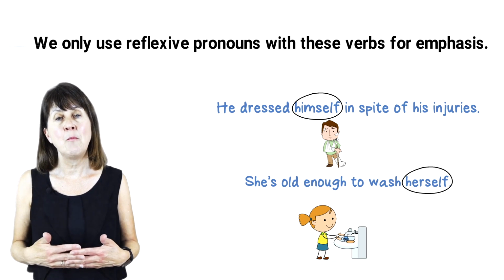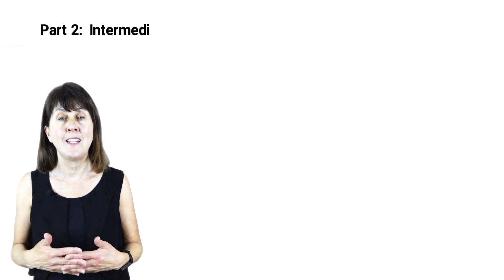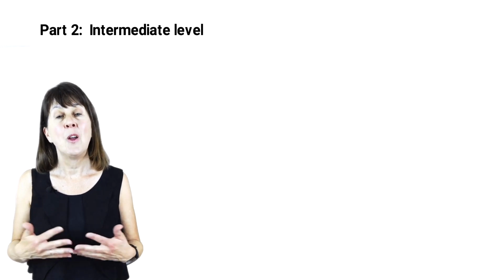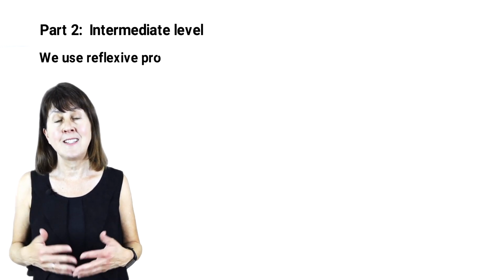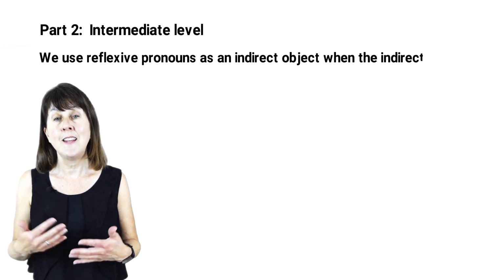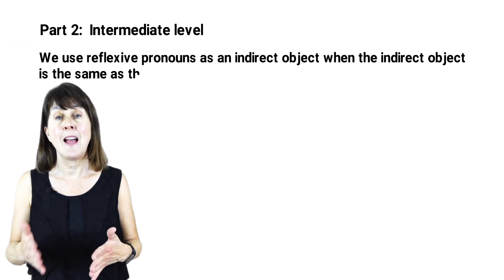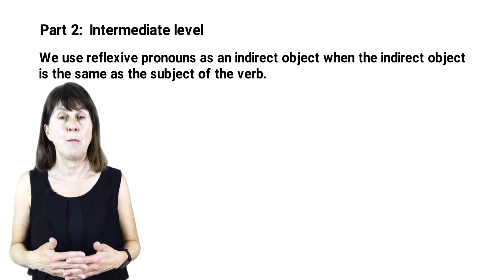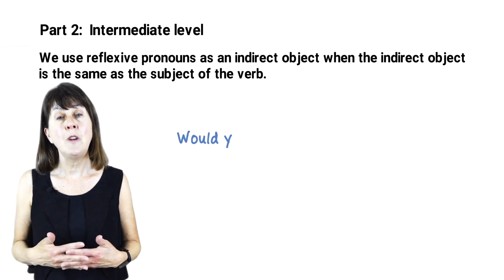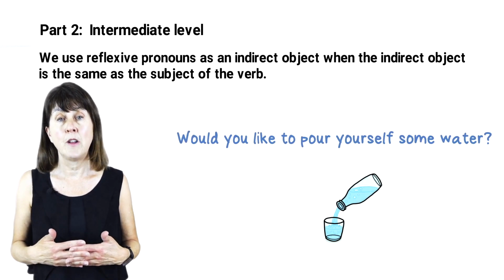Okay, so now moving on to intermediate level reflexive pronouns. We use reflexive pronouns as an indirect object when the indirect object is the same as the subject of the verb. For example, would you like to pour yourself some water?